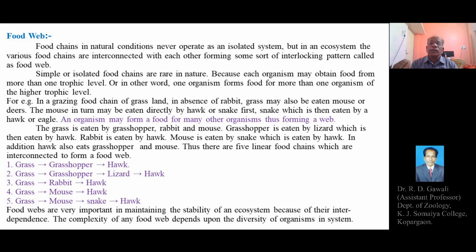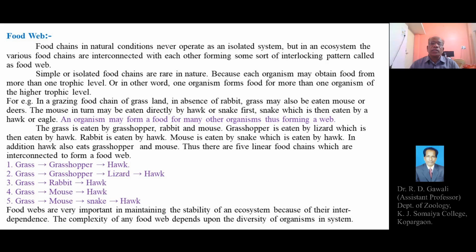So the snake can be consumed by different types of carnivore birds or predatory birds like hawk, eagle, owl, etc. Then the mouse can be directly eaten by hawk, or the mouse can be eaten by snake. The snake is then eaten by hawk or eagle. So one organism may form a food for many other organisms, and thus forms a network or a web called a food web.